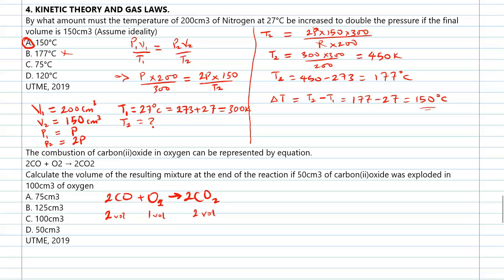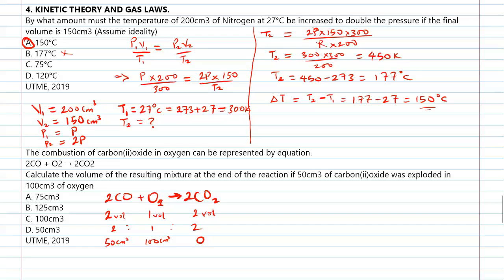This is the ratio 2:1:2. At the starting of the reaction, 50 cm³ of carbon monoxide will react with 100 cm³ of oxygen. Here, there is no product yet.